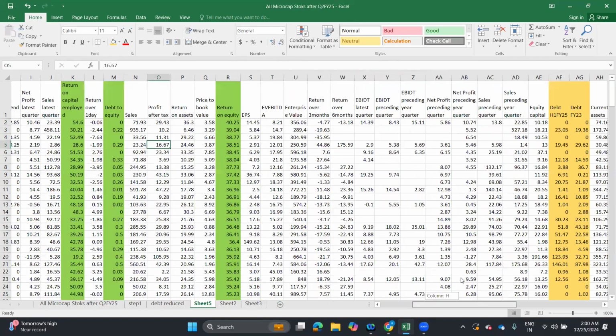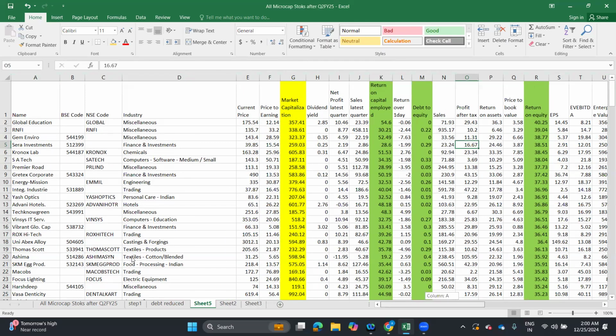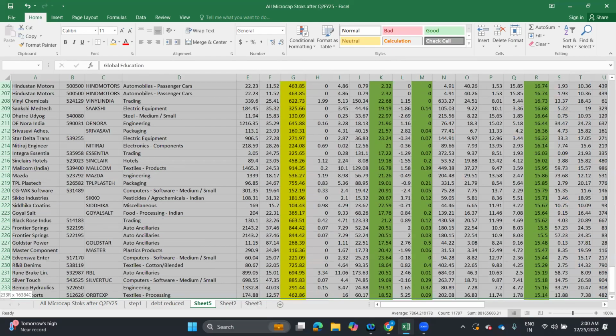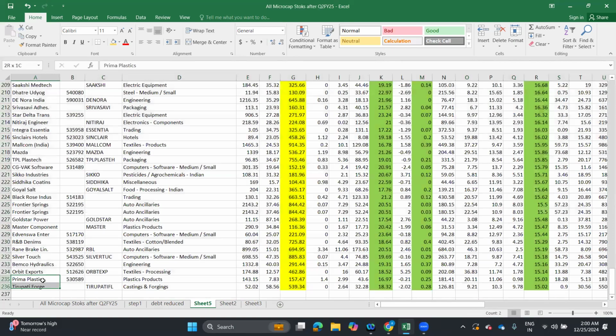Here debt to equity is also, sorry, less than 0.5, not negative, less than 0.5. It's 236 stocks. Fabulous. We started with 4,700 stocks, and now we have landed at 236 stocks.